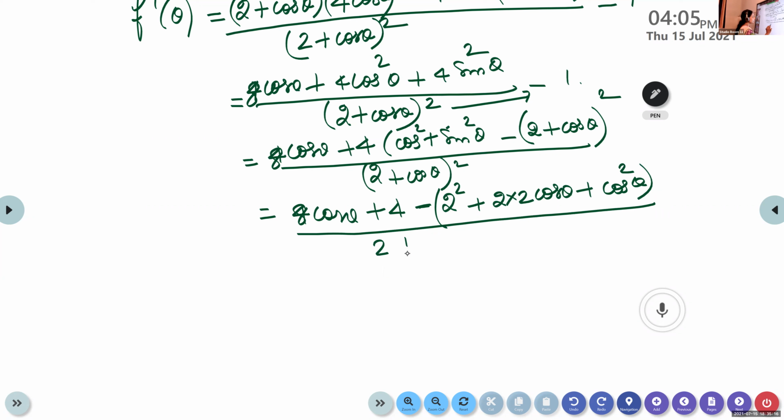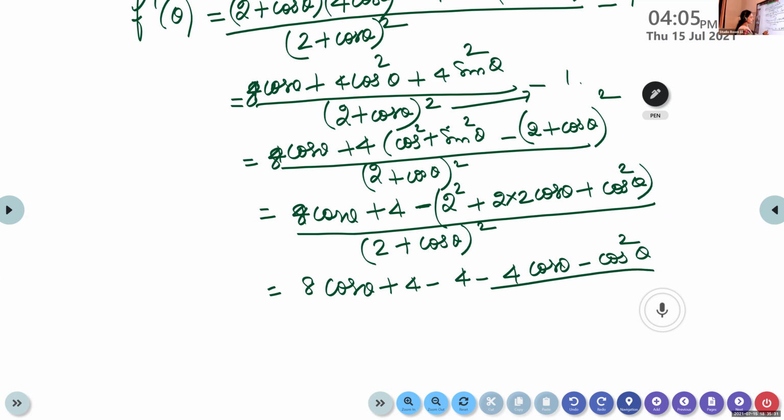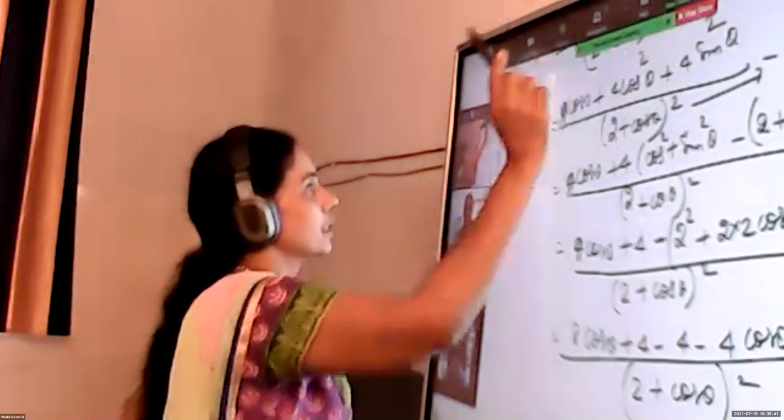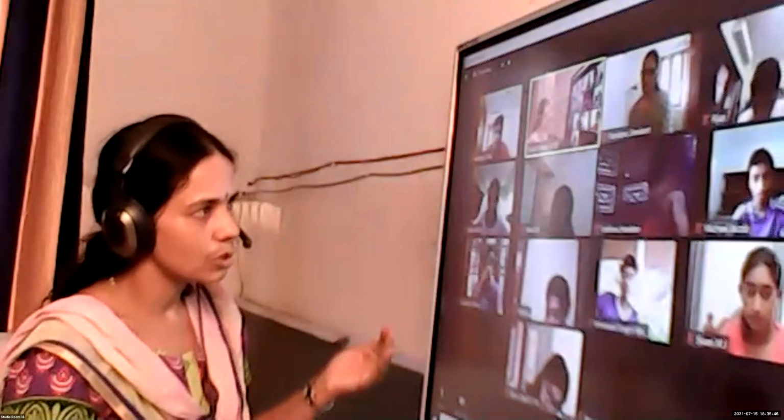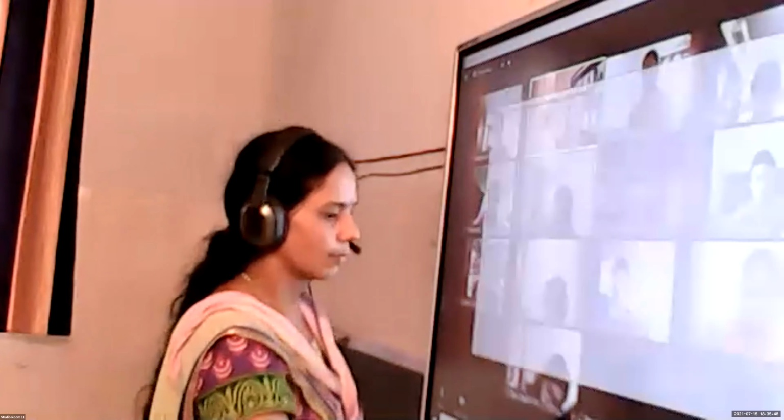So we will get 8 cos theta plus 4 minus 4 cos theta minus cos square theta by 2 plus cos theta the whole square. Up to this, is it clear, children? We are using the quotient rule and differentiating. Look here, from the beginning, once again I'll explain.